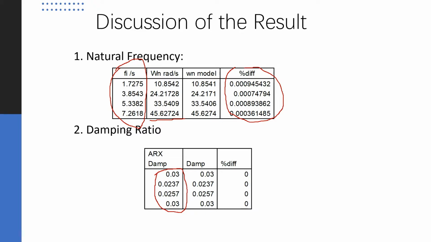All values are exactly the same. However, the order of the values changed. For example, when the sampling time is set to 0.1 or 0.02, the natural frequencies that come from the MATLAB ARX function are not in the same order.